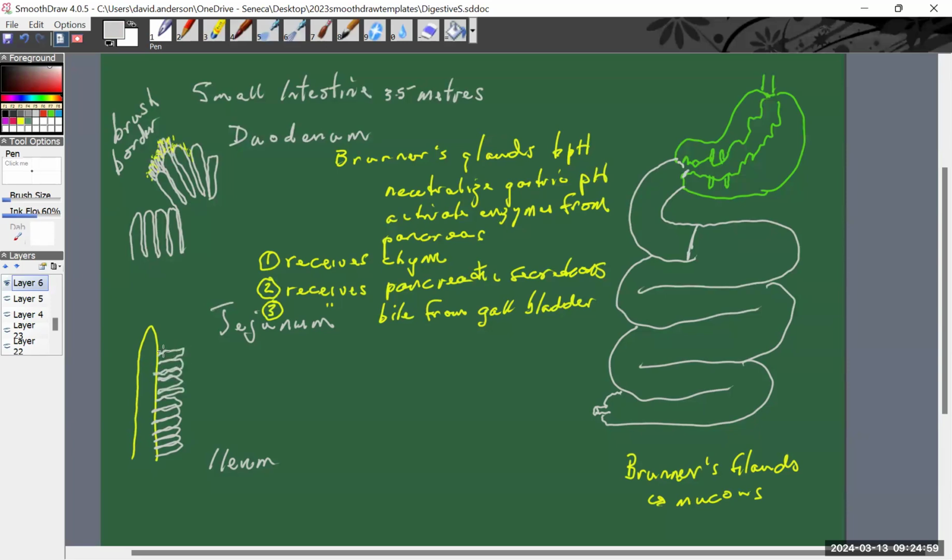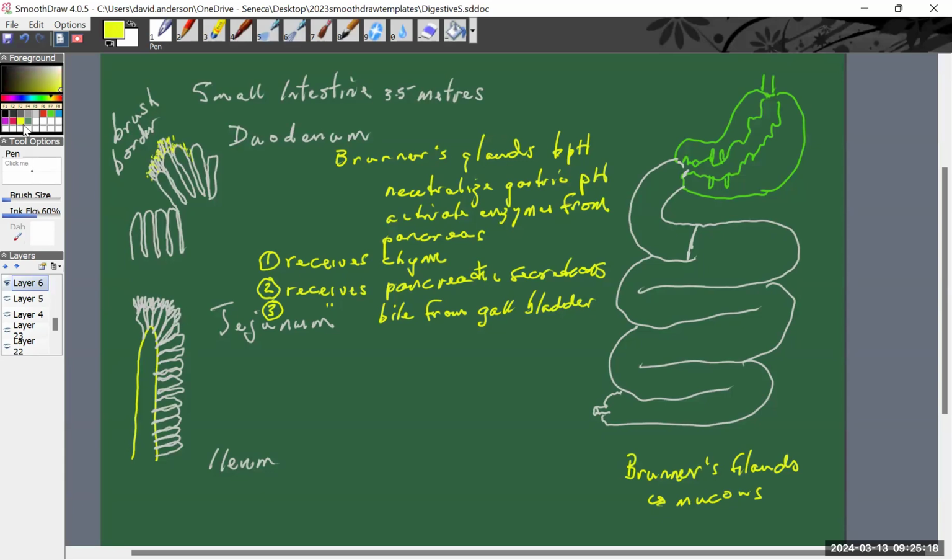And in particular, when we get up into this loop towards the lumen, these columnar cells are going to have those microvilli extensions on them to create that brush border that we talked about.